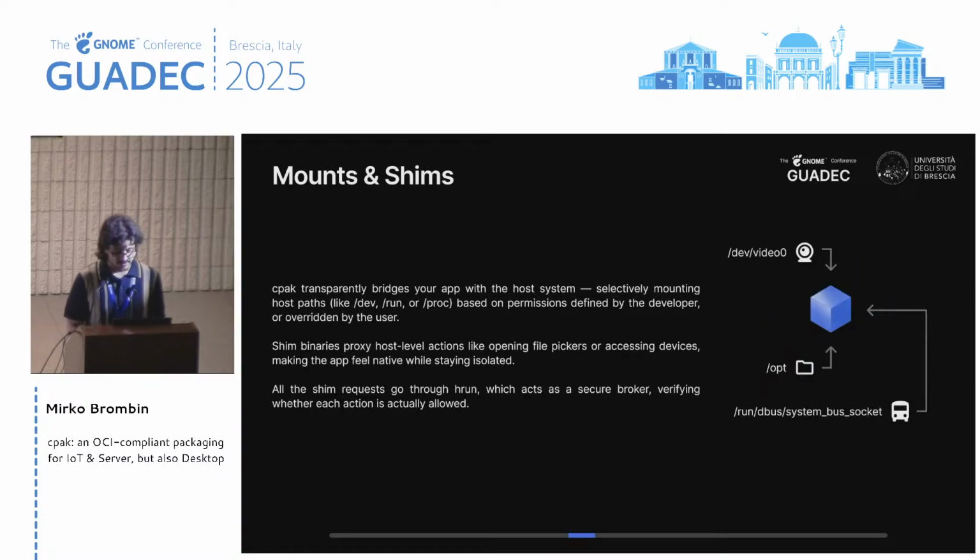So I say that we don't require you to adapt your application to work with the system to get host access to the different things. This is thanks to two things, mounts and shims. Mounts, as I already said: if we need access to a specific part of the system, just declare it in the permissions list, and cpak will mount it when spawning the container of the application.